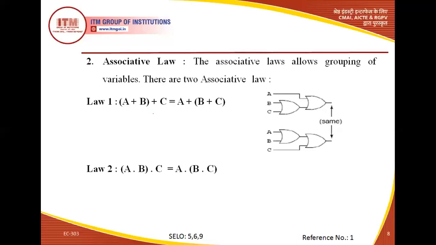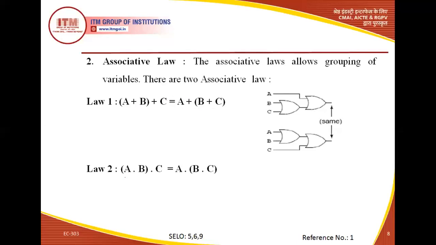That means what it says is, whether we perform the OR operation of A and B first and then OR it with C, or perform the OR operation of B and C first and then OR it with A, both give the same result. Similarly, we can perform the AND operation.